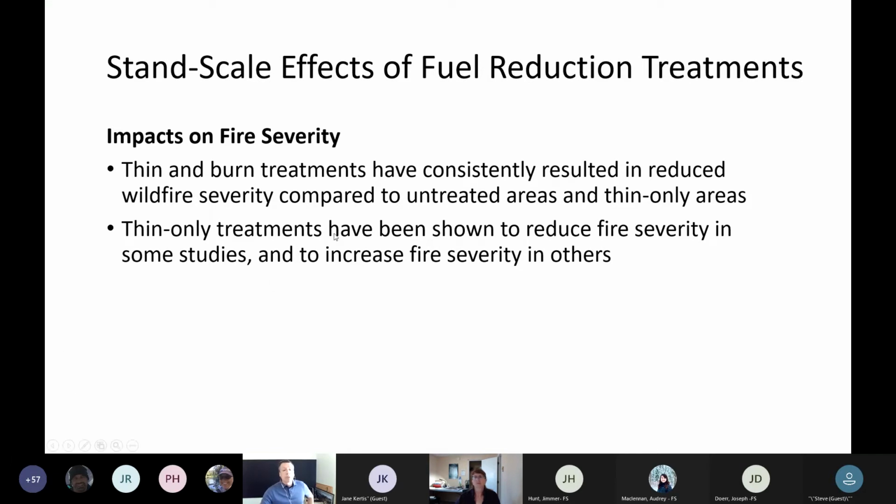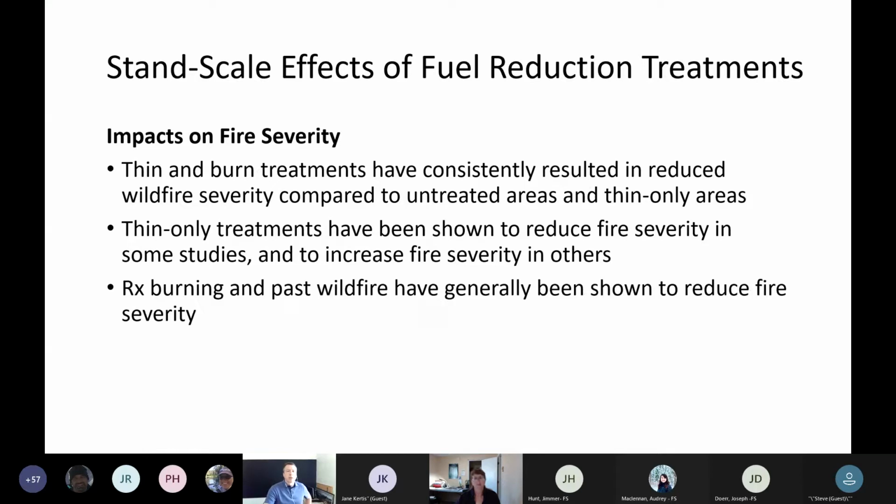But there are certainly examples out there where the increases in surface fuels that follow thinning treatments can contribute to higher severity fire than we would have seen without that treatment. So that's something to be aware of. And we need to think about how we might treat those surface fuels or reduce increases in surface fuels via things like whole tree yarding.